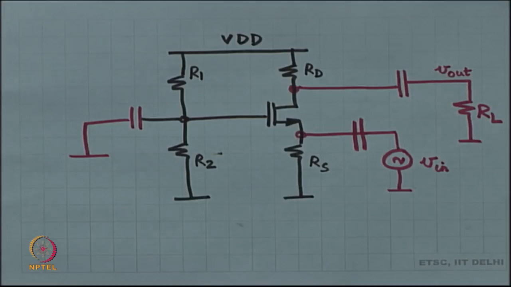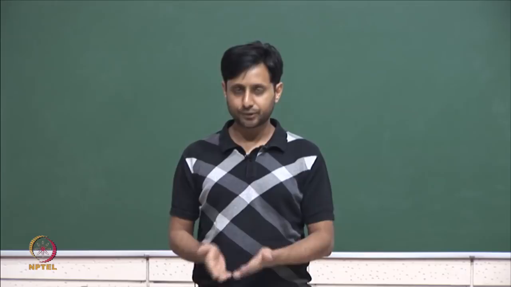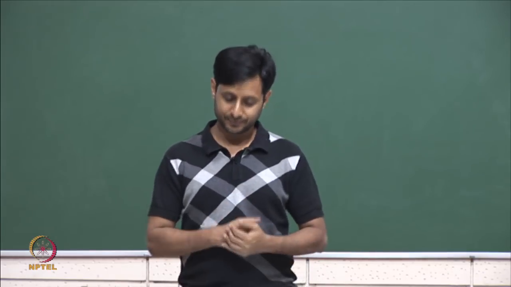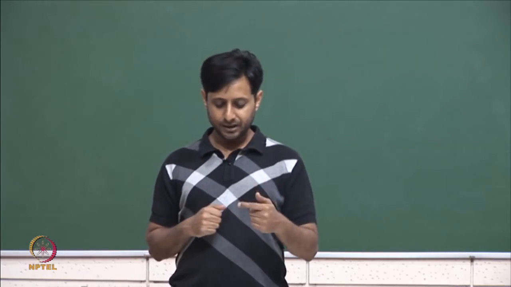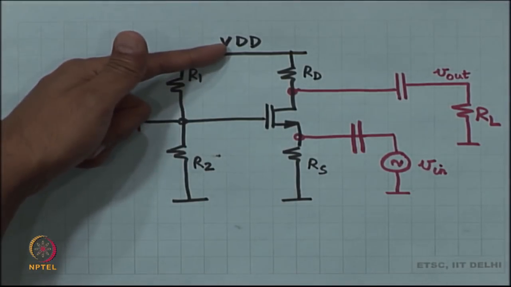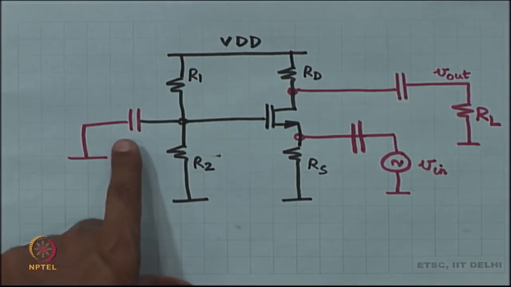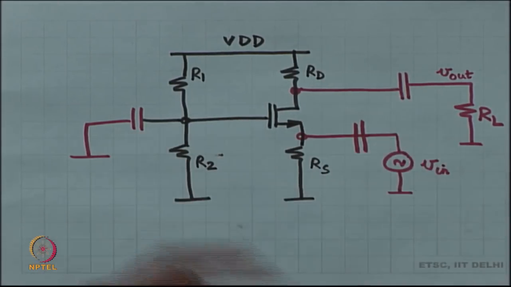All right. Now, what we are going to do is we are going to first make the small signal equivalent picture of this circuit, and to do that my first step is going to be to null the DC voltage sources, that is VDD, and the next step is going to be to make sure that all these big fat capacitors are short circuits in the small signal, in the incremental picture.